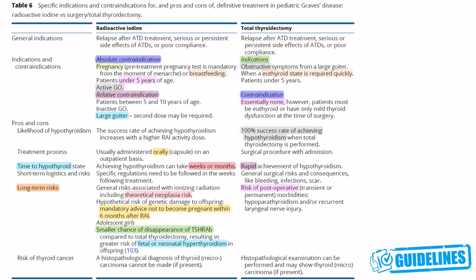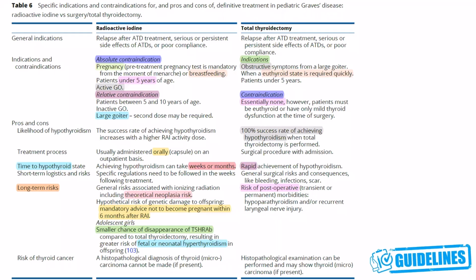In this situation, there is mandatory advice not to become pregnant within 6 months after radioactive iodine, for male and female. Also there is a smaller chance of disappearance of TSH receptor antibody compared to total thyroidectomy, and so an increased risk of fetal or neonatal hyperthyroidism, because the TSH receptor antibody passes the placenta to the fetus.